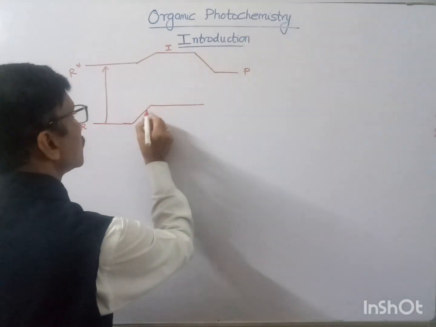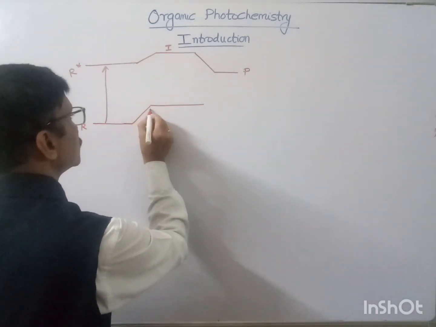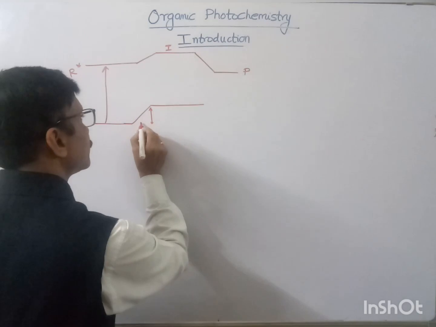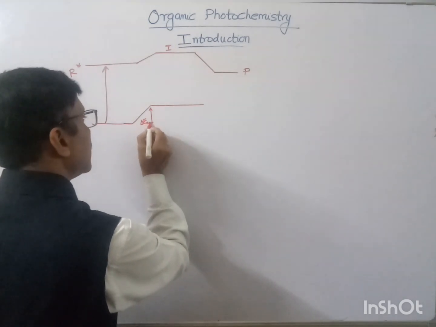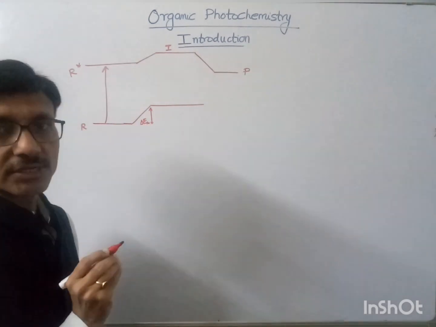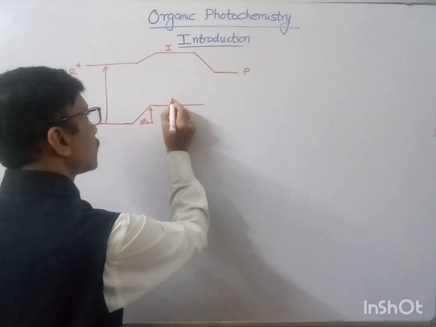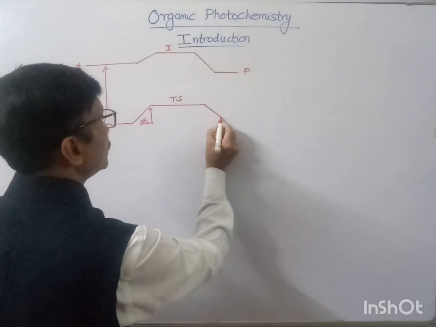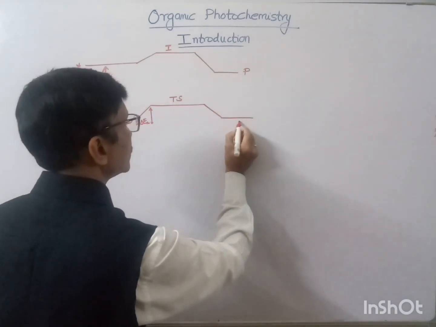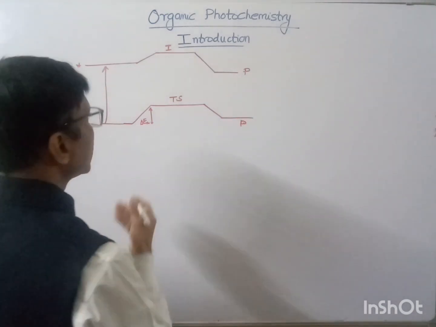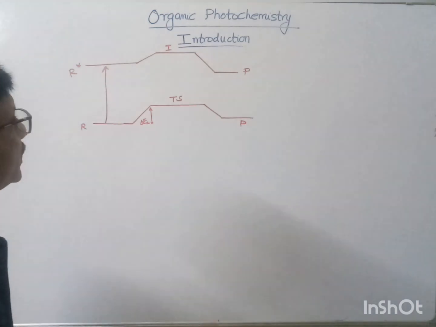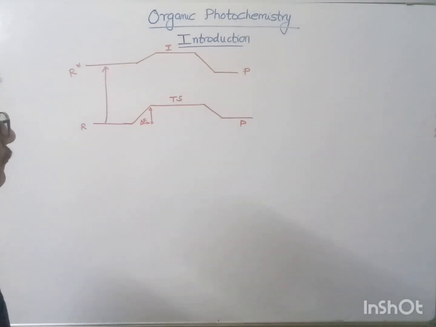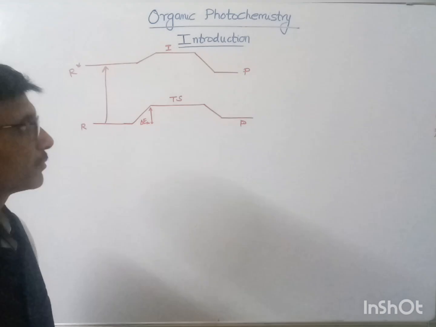After acquiring this activation energy, it transforms into a transition state, and then this transition state gives rise to the product. Like this we can differentiate the photochemical reaction and the thermal reaction.